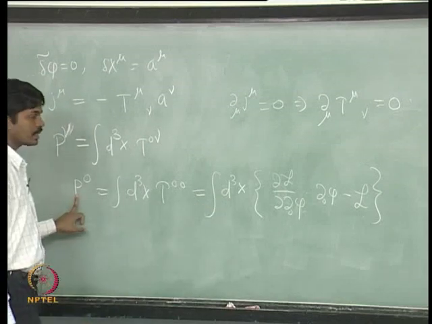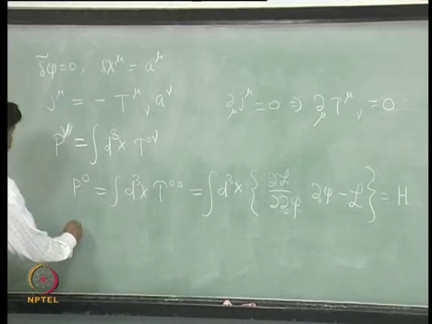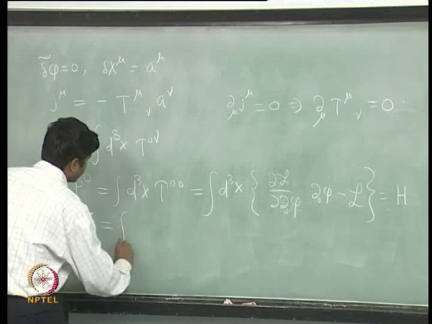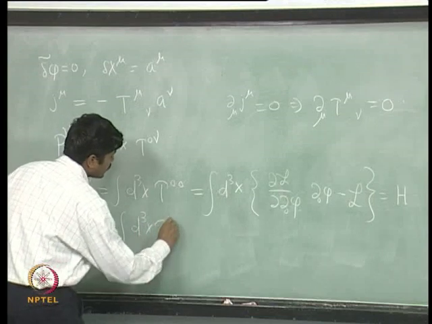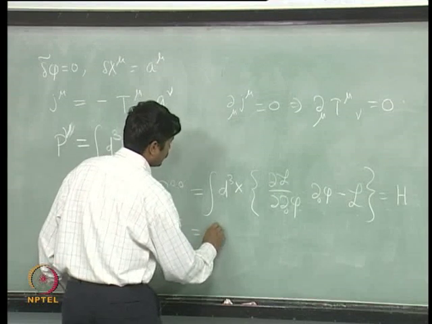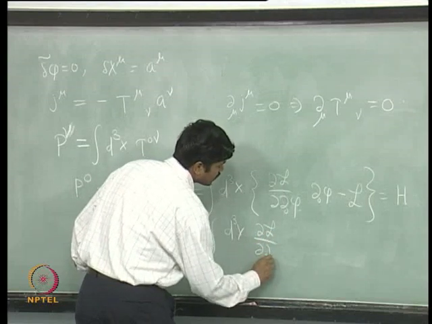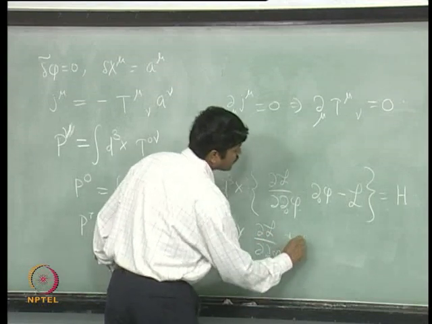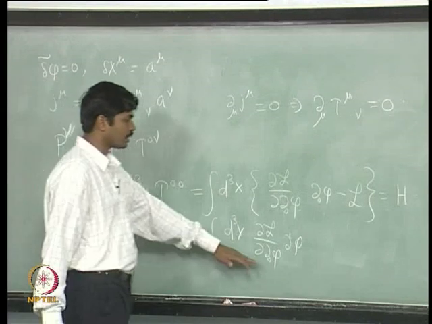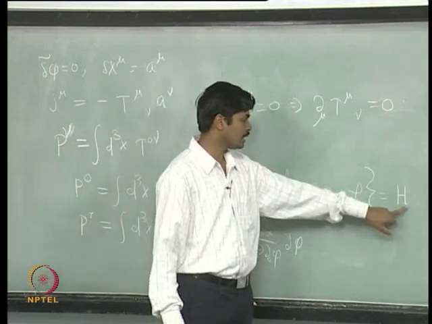So, P_0 is the Hamiltonian H, and the ith components are basically ∫d^3x T^0_i, which is nothing but ∫d^3x ∂L/∂(∂_0 φ) ∂_i φ. So, this is the total momentum contained in the field configuration, and this is the total energy.